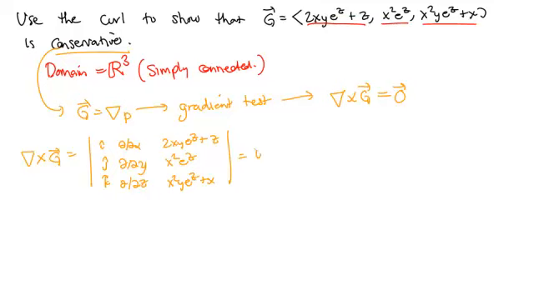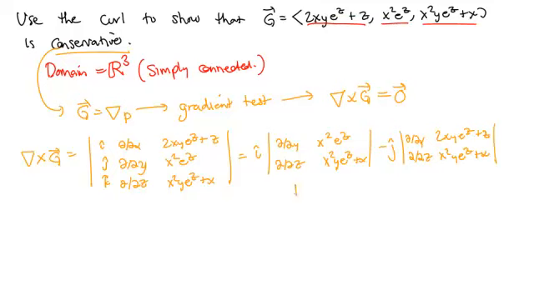So we'll have i times the determinant of ∂/∂y, ∂/∂z, x²e^z, x²ye^z + x, minus j times the determinant of ∂/∂x, ∂/∂z, 2xye^z + z, x²ye^z + x, plus k times the determinant of ∂/∂x, ∂/∂y, 2xye^z + z, x²e^z. And so we just need to work out whether or not this is equal to 0.